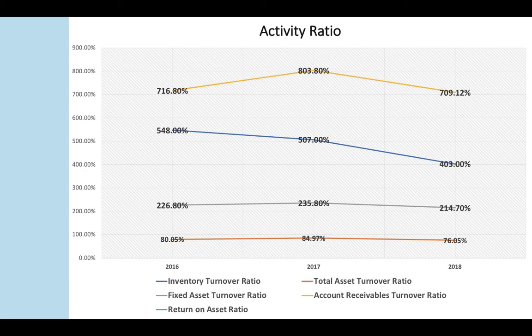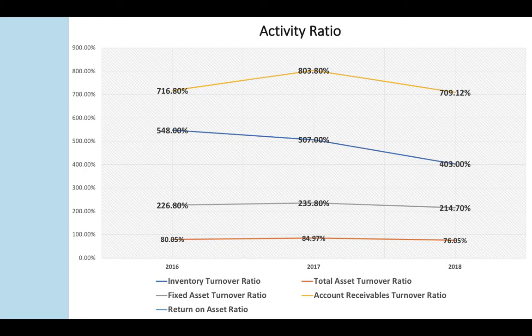So it's proper if their turnover ratio in fixed asset is higher than the total asset turnover ratio, because they have to keep upgrading their machine, their fixed asset, to have efficiency in production.